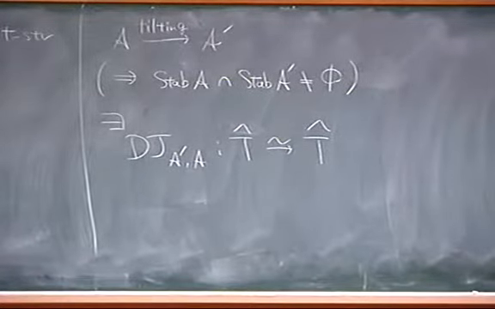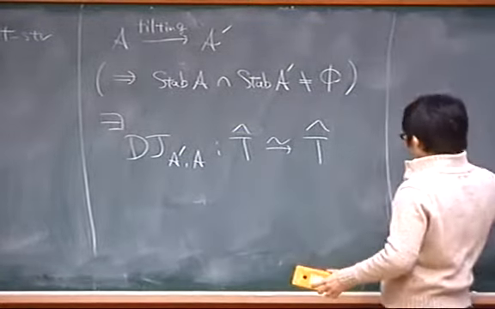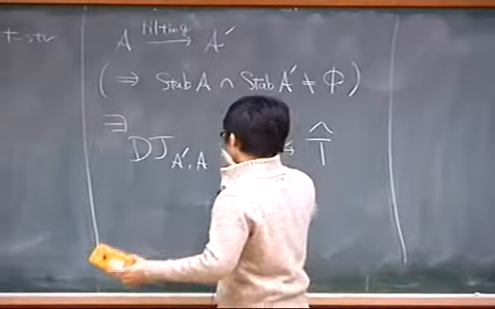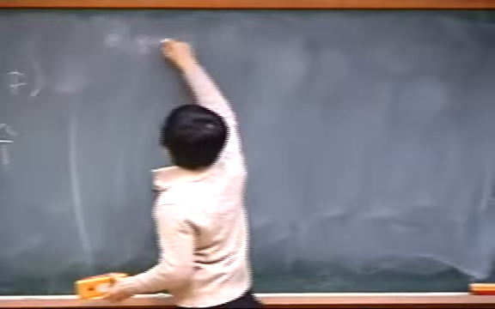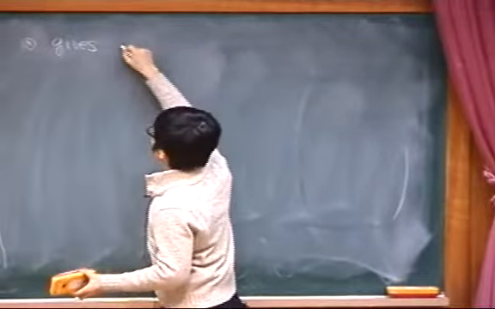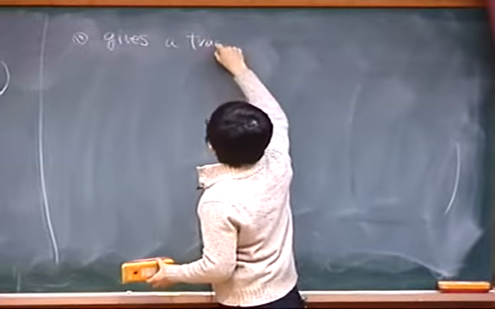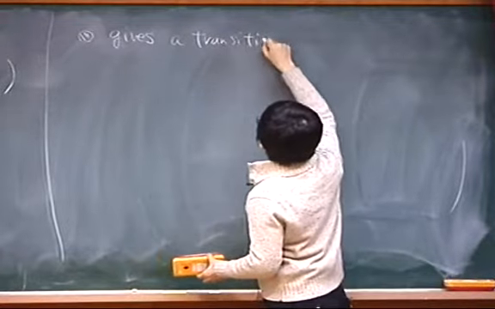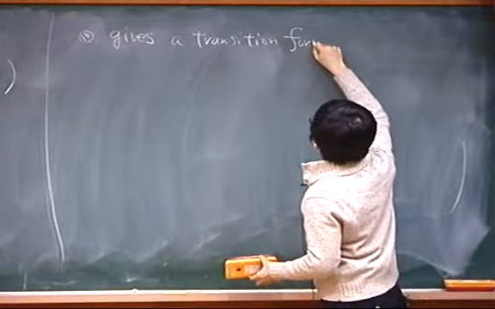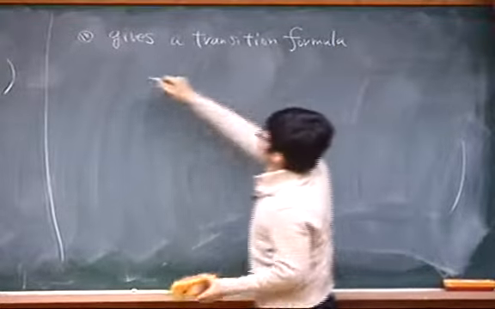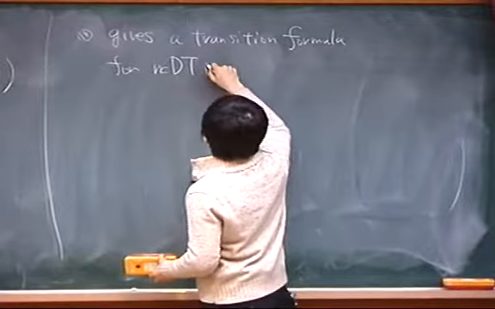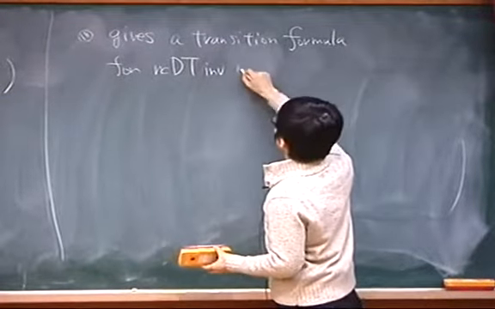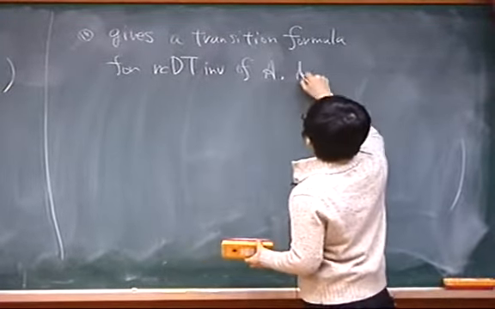Such that, well, what is this? This gives a transition formula for non-commutative Donaldson-Thomas invariants of A and A prime.